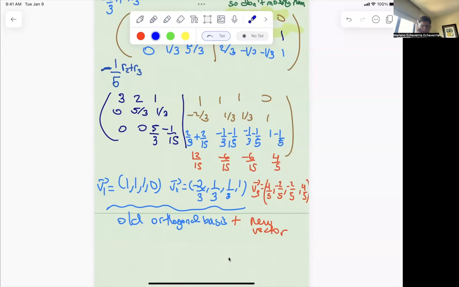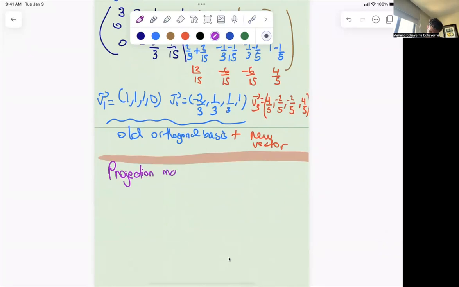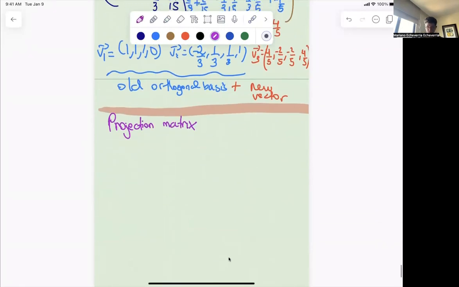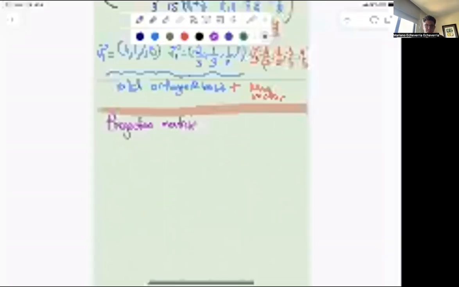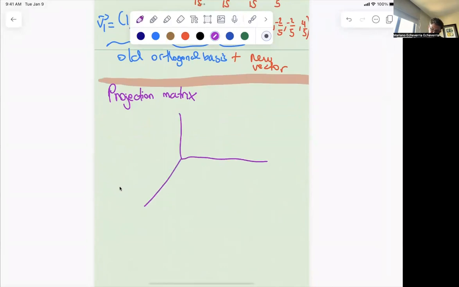Well, let me do another example of this projection stuff because we didn't get a chance to do that many in class. So let's find another projection matrix. The idea of the projection matrix is hard to make a picture of, but you should think of it as some sort of shadow.